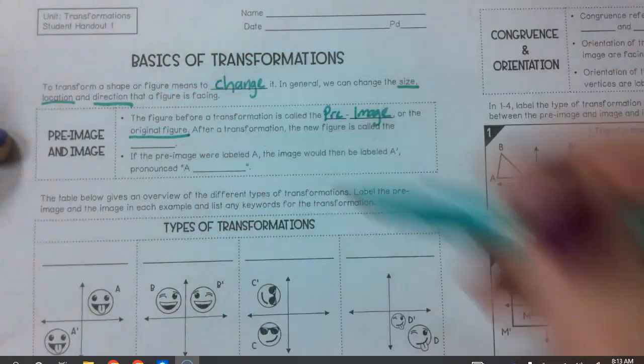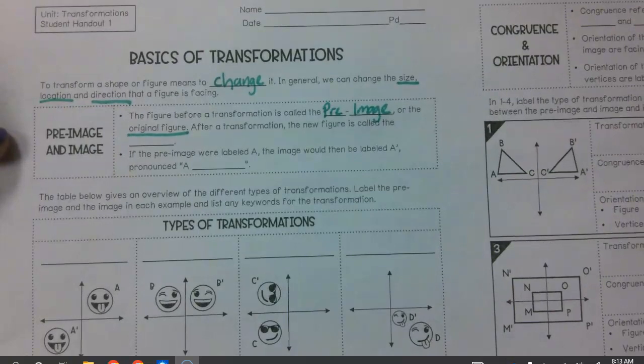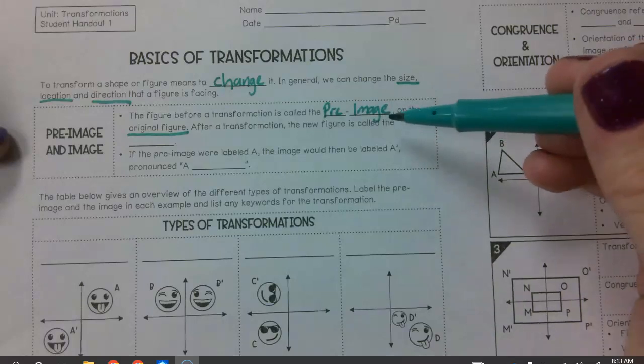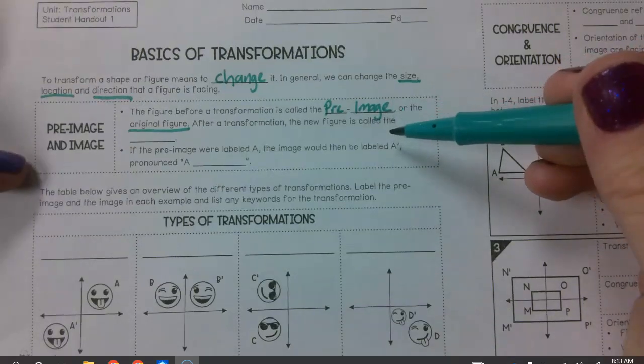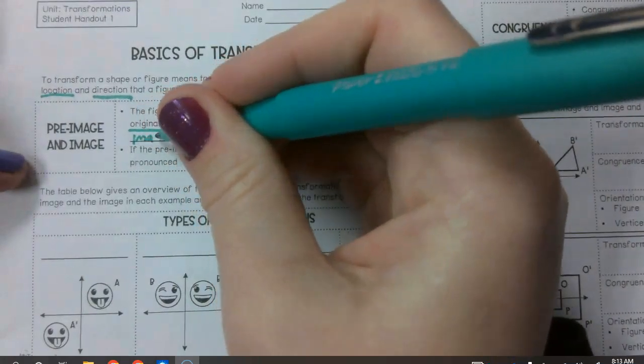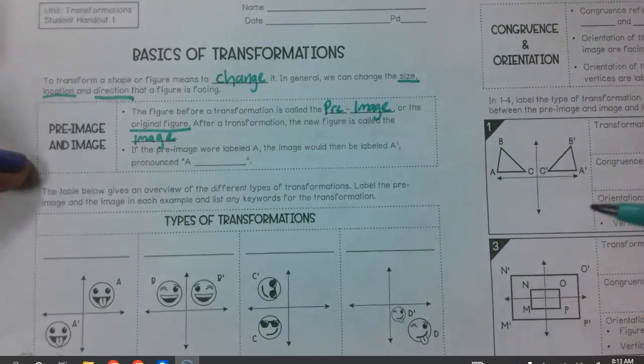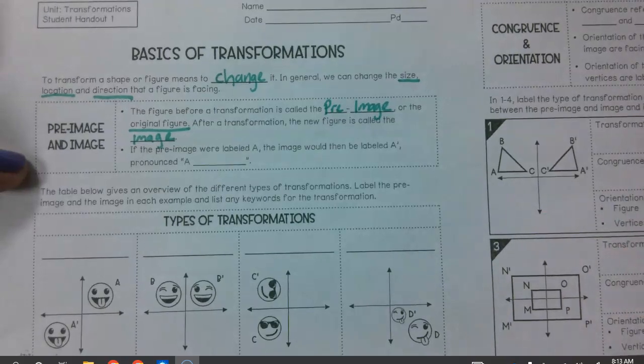Okay, so when we start off with a shape, that is the pre-image, that's the original. After the transformation happens, the figure is now just called the image. Okay, think of like an image in a mirror. It is not the original. It is the shape that happens in the mirror.